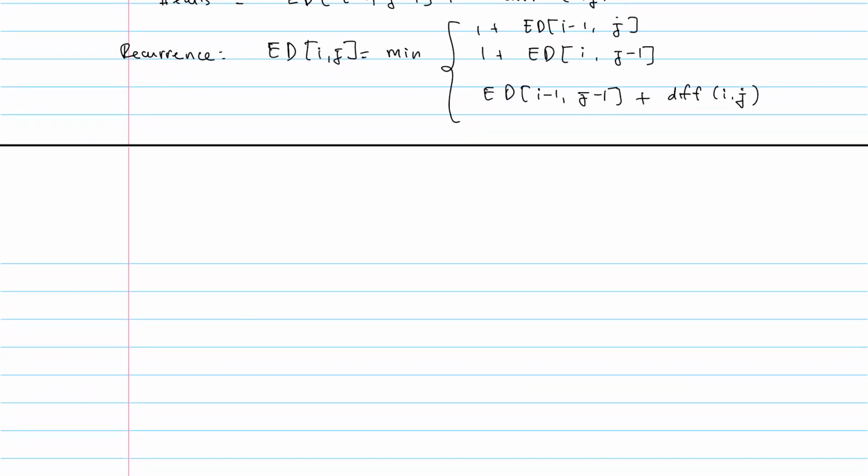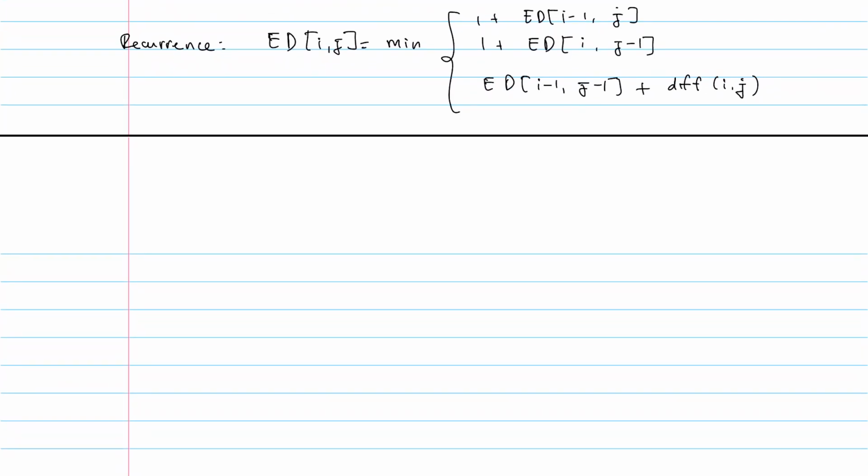We still need to address the base case. It turns out that the base cases for this problem are fairly simple. We simply consider ED of 0, j to be j.